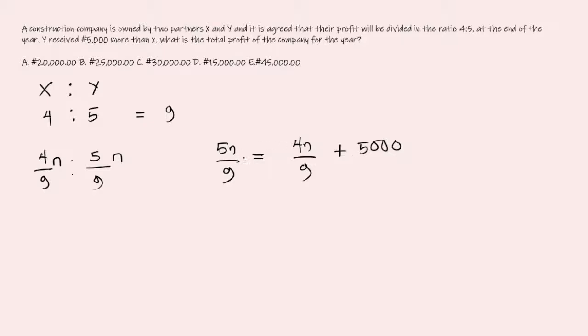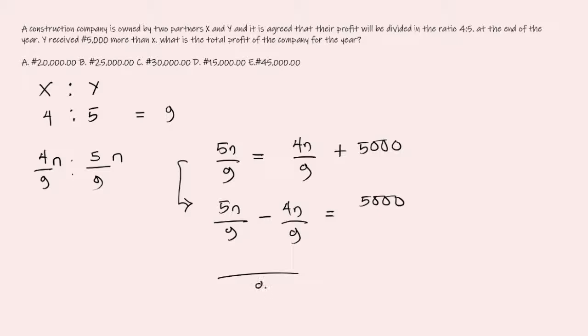So we can solve for n by making n the subject of the formula here, and that becomes 5n over 9. If we bring this over here, it is minus 4n over 9, and this is equal to 5,000.